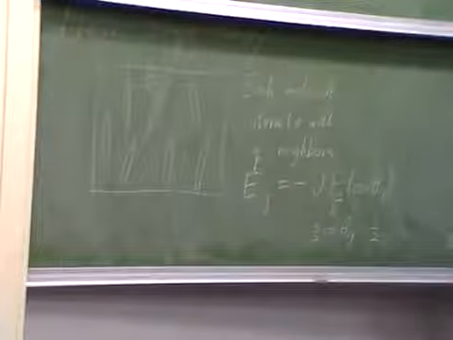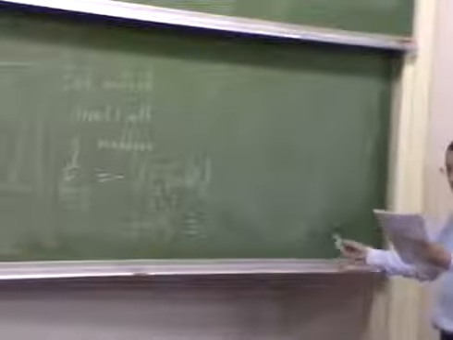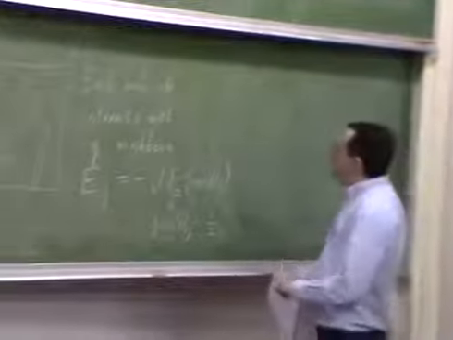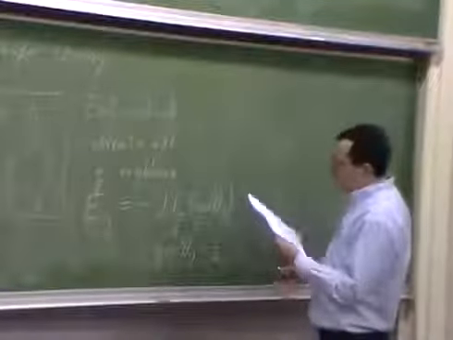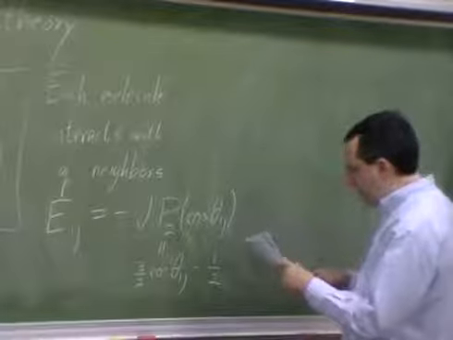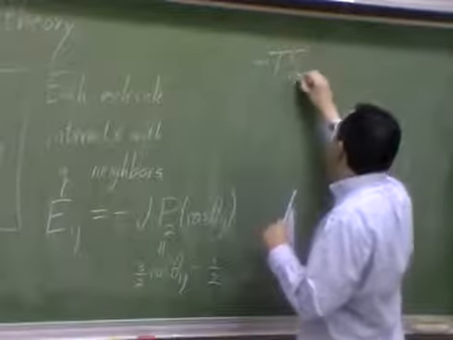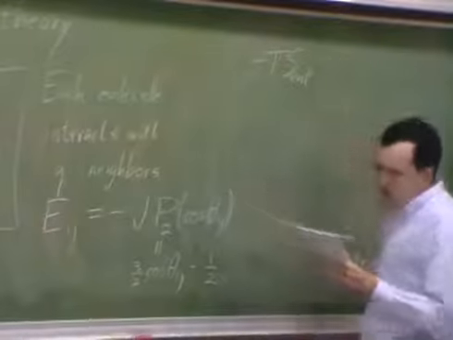Okay, so if this is true, now let's figure out things about energy and entropy. Let's again do entropy first. For entropy, what I care about is minus temperature times the entropy.